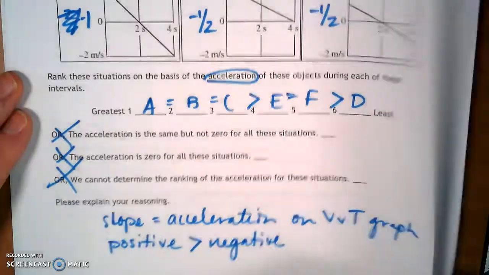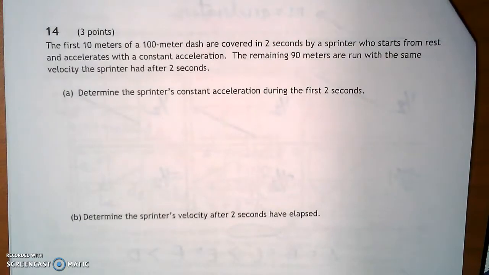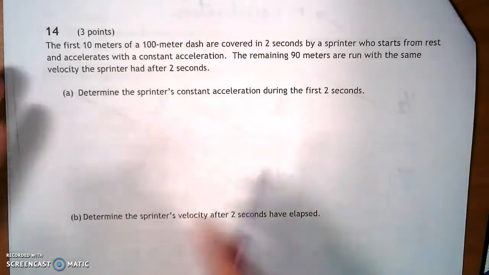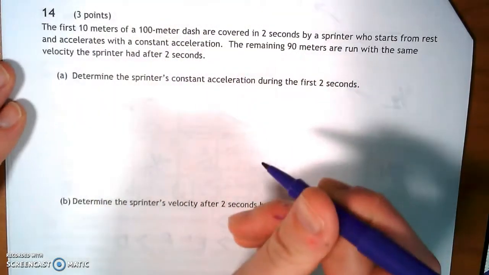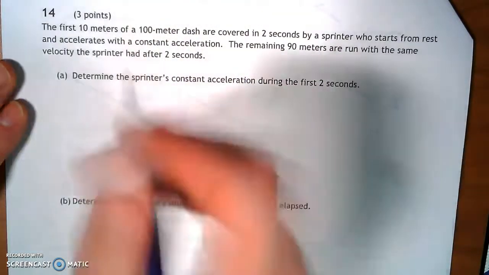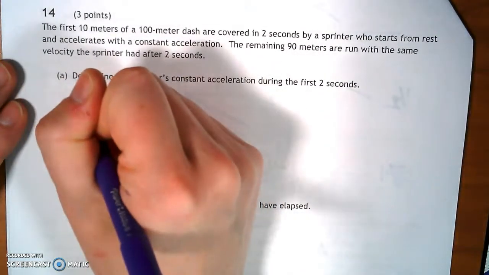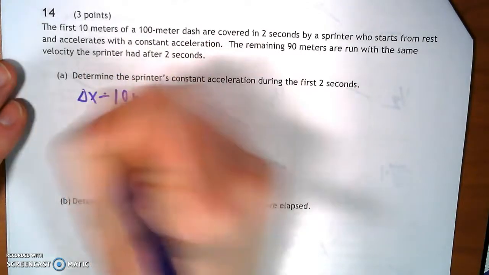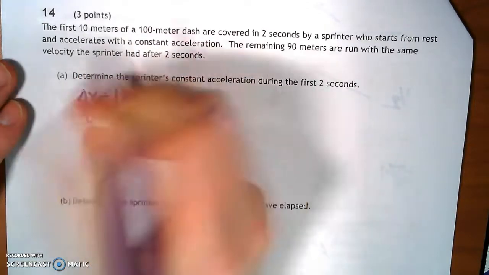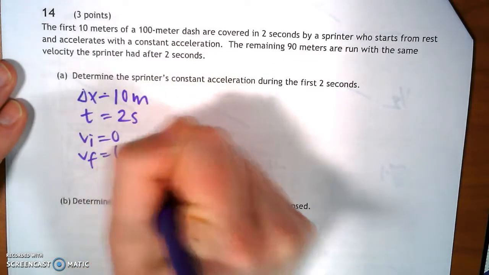Okay. Last 2 questions. Oh, I could almost fit it in the video. Here we go. We're going to try. So, I determine the velocity during the first 10 meters of a 100-meter dash from a sprinter from start to rest. Okay. I want to find the acceleration. I know the displacement is 10 meters. My time is 2 seconds. My initial velocity is 0. My final velocity is left out.